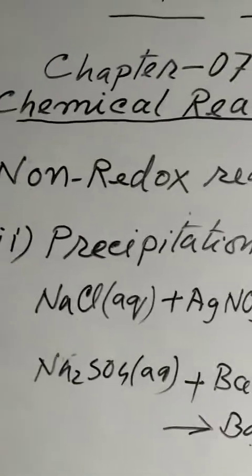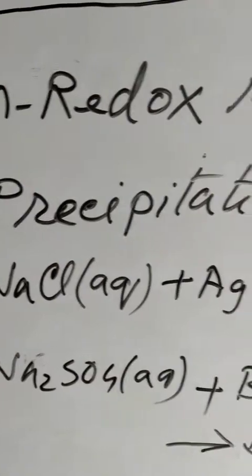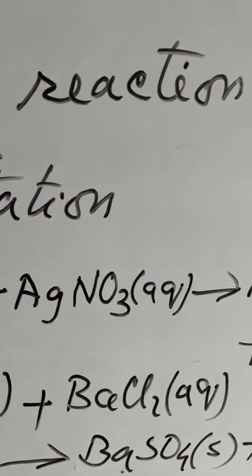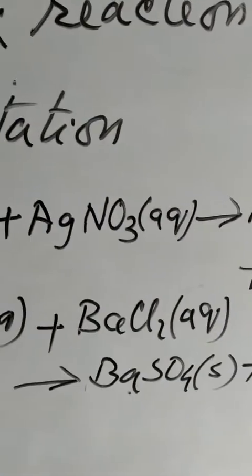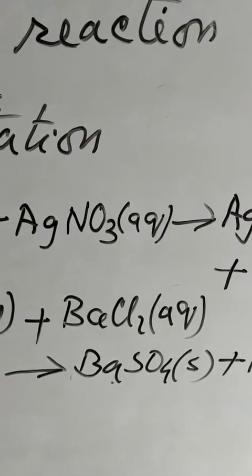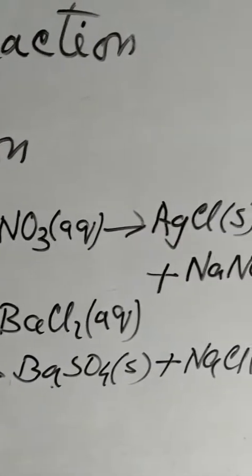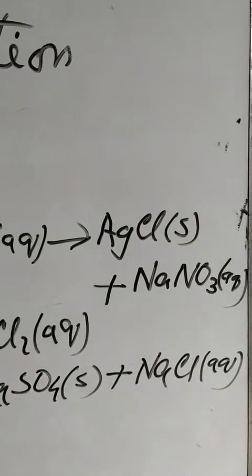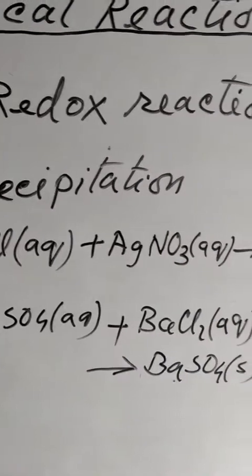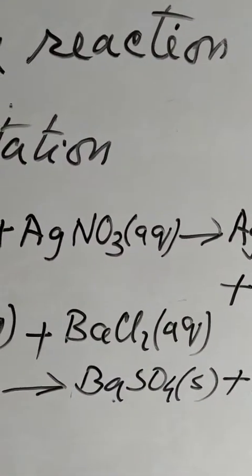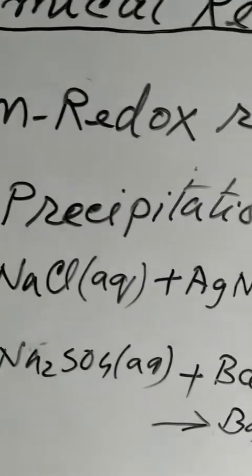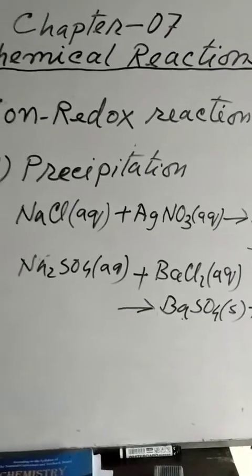In this reaction also, soluble sodium sulfate reacts with soluble barium chloride, produces insoluble, solid, white colored barium sulfate, and soluble sodium chloride. That means in this reaction also an insoluble salt, barium sulfate, is produced. So this reaction is called a precipitation reaction.